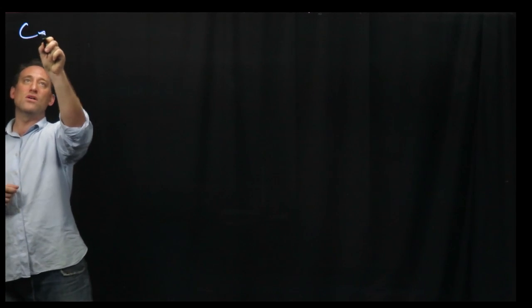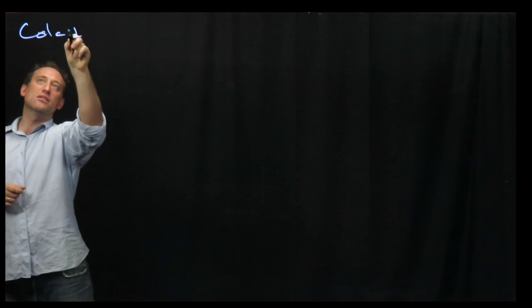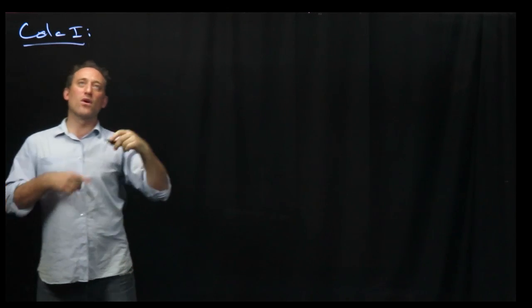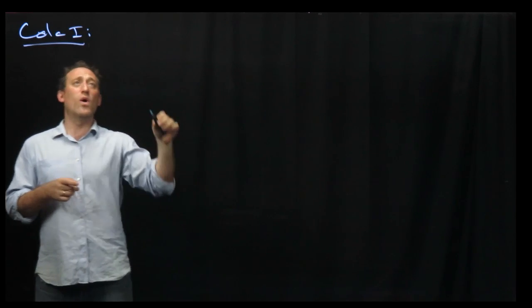Finally, I want to talk about absolute max and min in R3. As usual, I want to take what's true in Calc 1 and see if we can scale it up to Calc 3. So, what is true for absolute extrema in Calc 1?